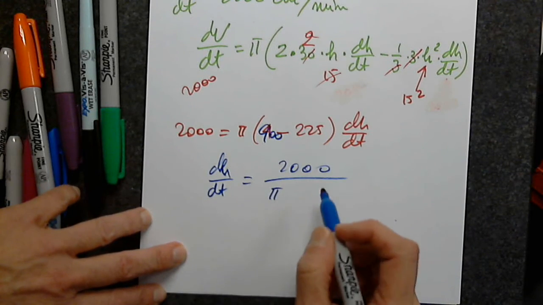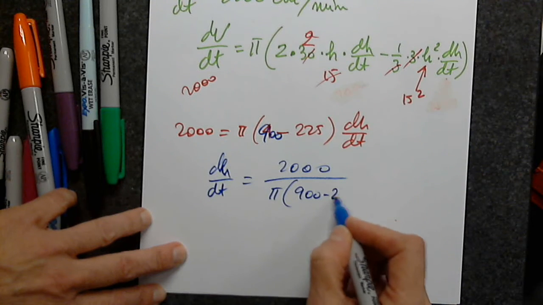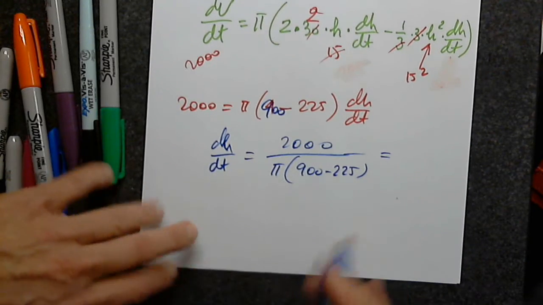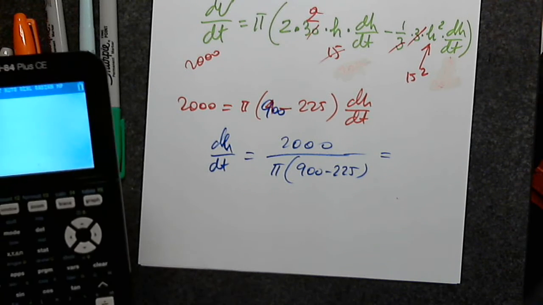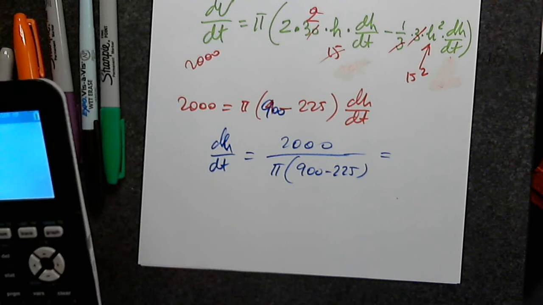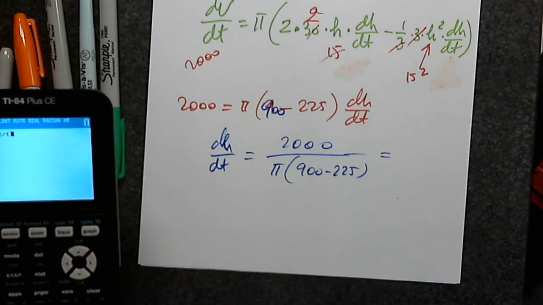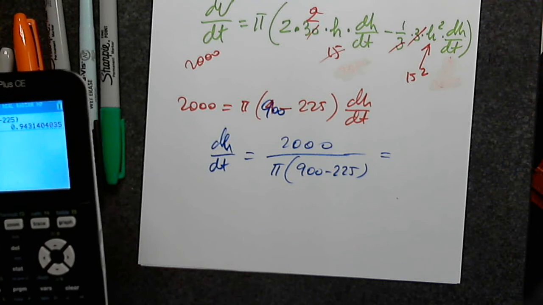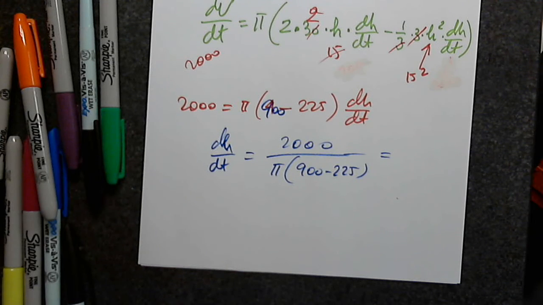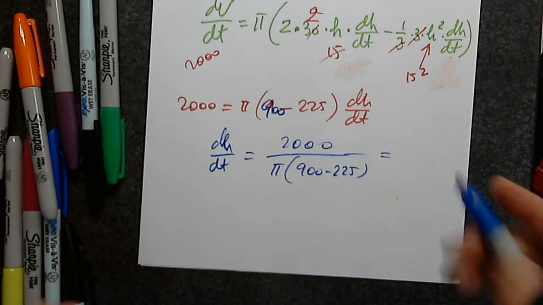So 2000 divided by pi times 900 minus 225, whatever that is. Okay, so we have 2000 divided by pi and divided by 900 minus 225. So I got 0.9431.